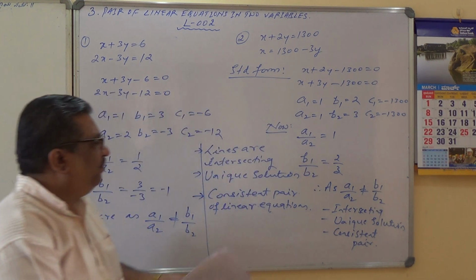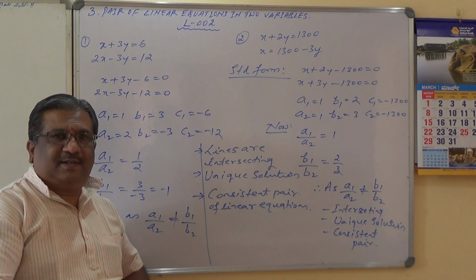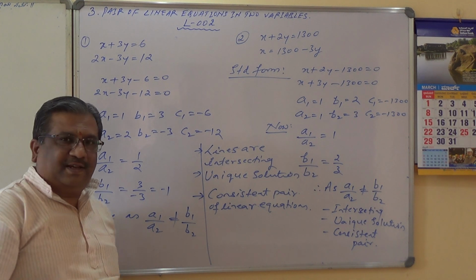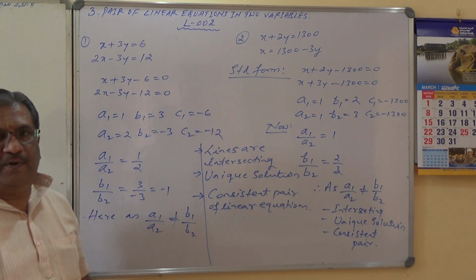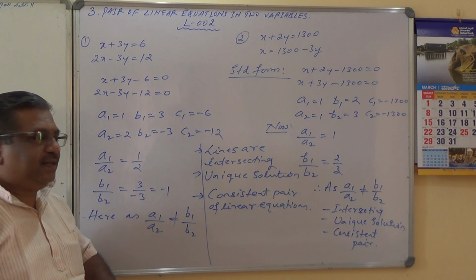Is it easier? Yes, it is quite easy and quite interesting also, that by taking the ratios of coefficients, we should be able to conclude that the lines are intersecting, parallel or coincident.